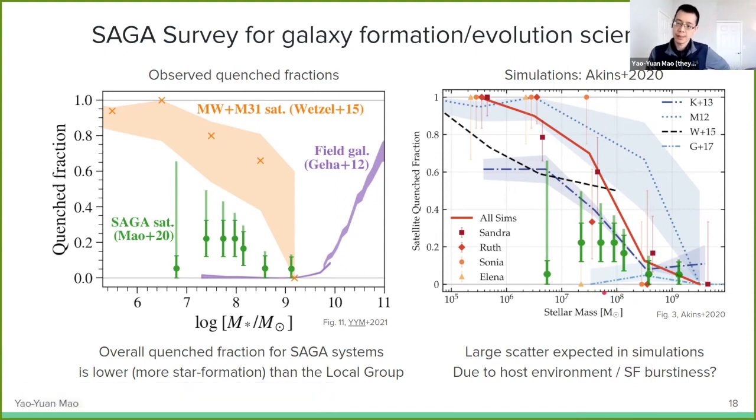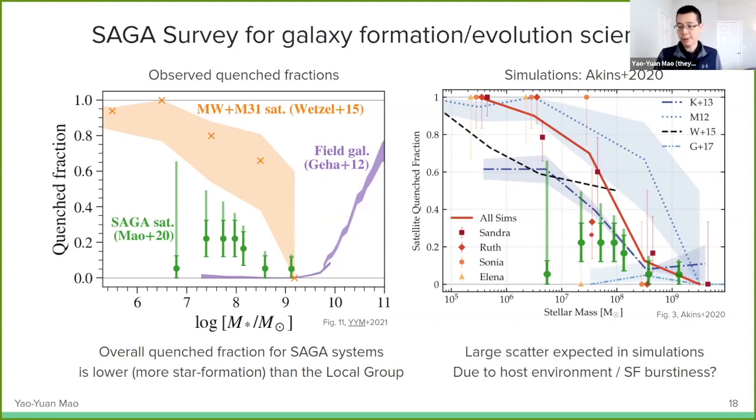We definitely want to do this, but it's still a little bit difficult at this current stage, because in the simulations we don't have a large number of populations. You can see there are 4 here. We are also excited about TNG50, which came out just recently, and want to do a comparison there as well. By the time we have the 100 systems, we will also have a lot more simulations that we can compare with.